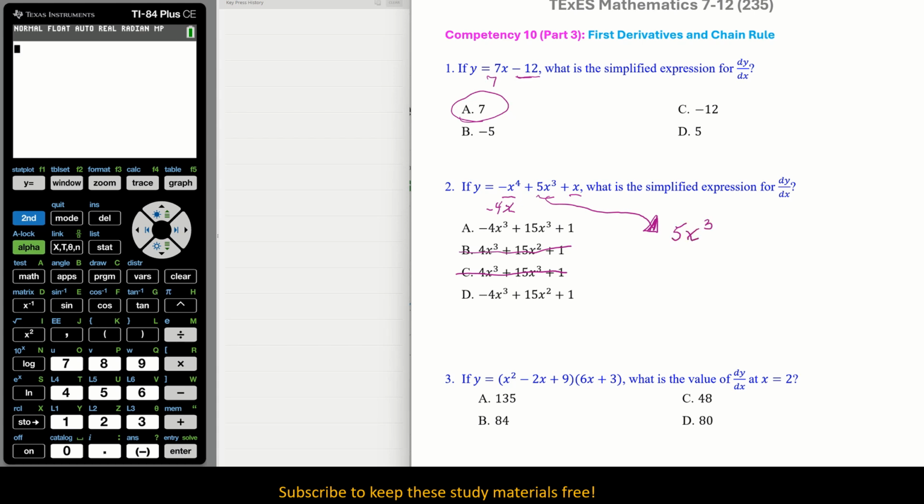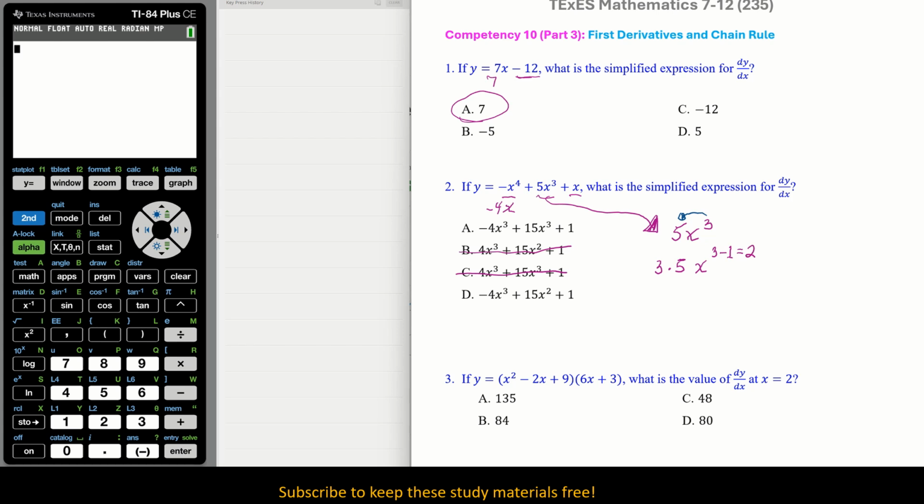Essentially, we are bringing down that 3. So that means we have 3 times the 5. You leave your x. I'll clean this up. That's a little better. Then we take the 3 minus 1, and that is going to equal 2.